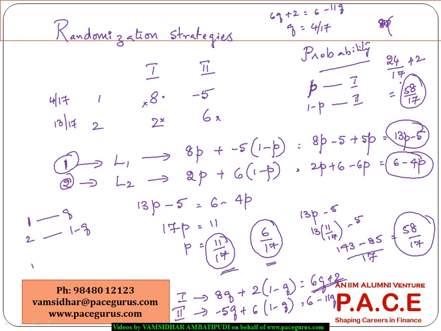This is the mechanism for the randomization strategies in case there is no saddle point, right? So that's what we would like to look at from the perspective of zero-sum two-player games. Initially, we looked at the domination strategies and removed them, and after that we worked on the minimax criteria and then the randomization strategies, right?